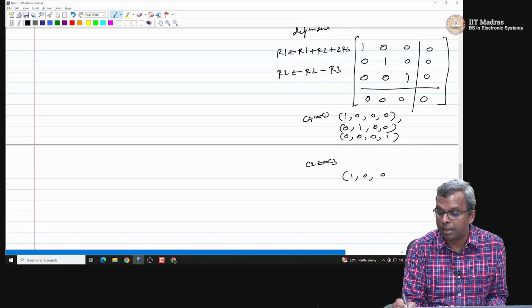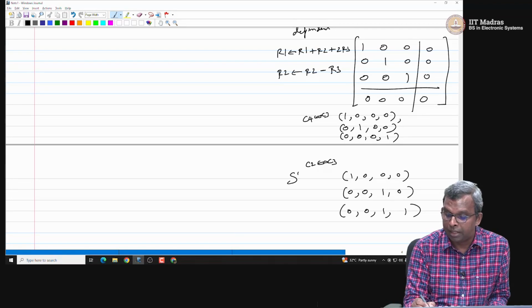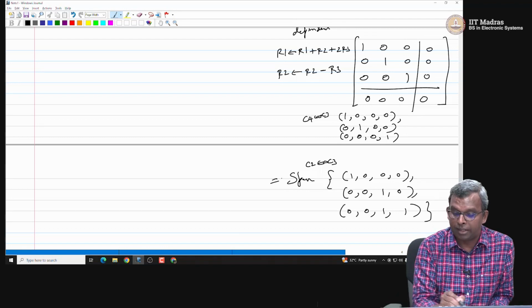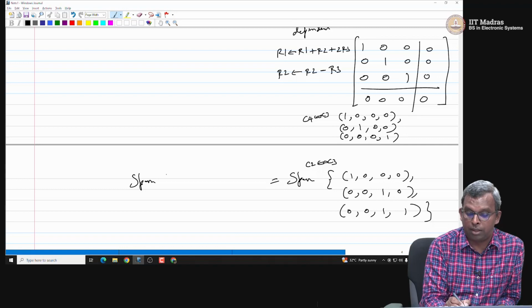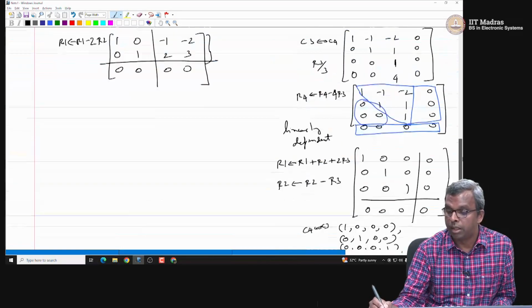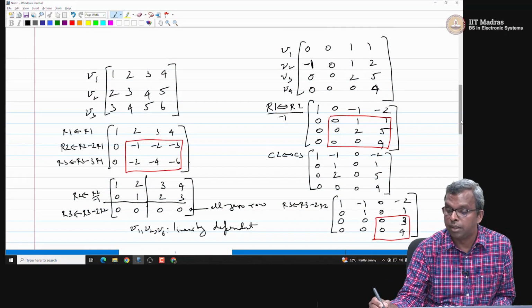My first vector remains the same, the second goes to this one and the third one goes to this one. So the span of this is exactly the same as the span of my original 3 vectors. What were my original vectors? They were v1, v2, v3, v4, 0 0 1 1, minus 1 0, these.